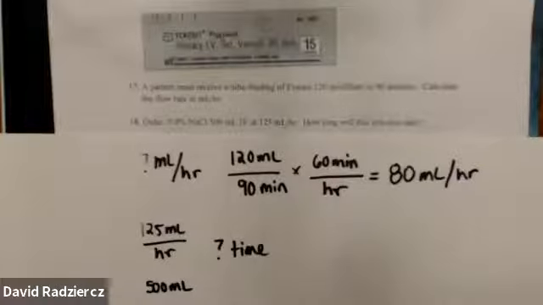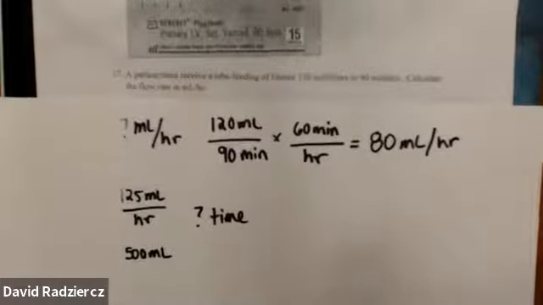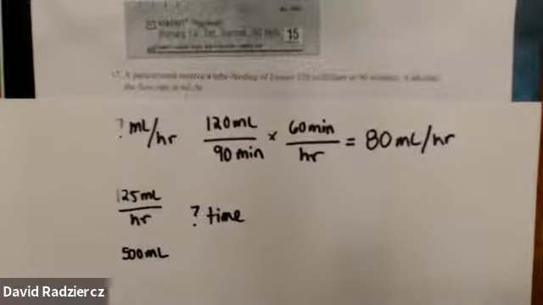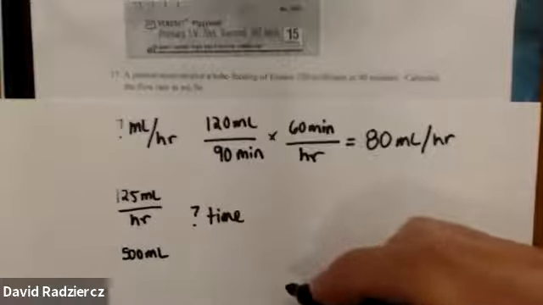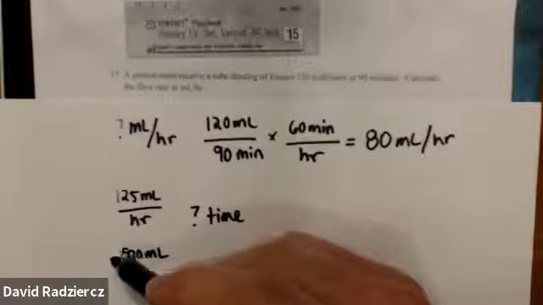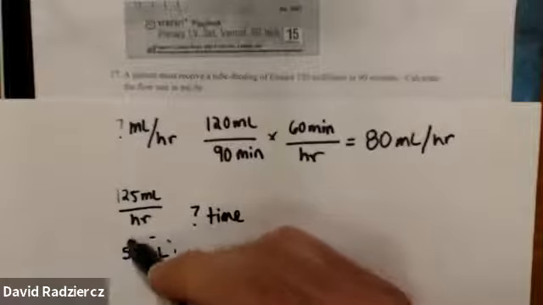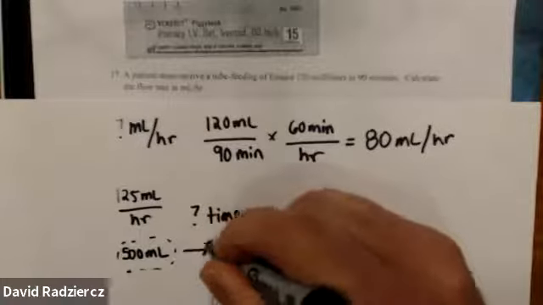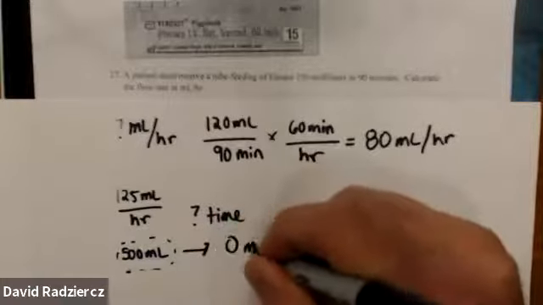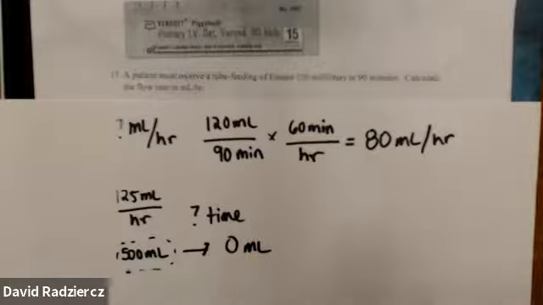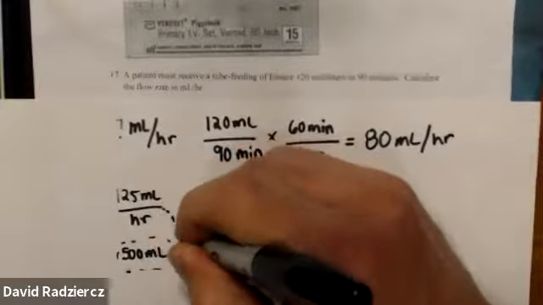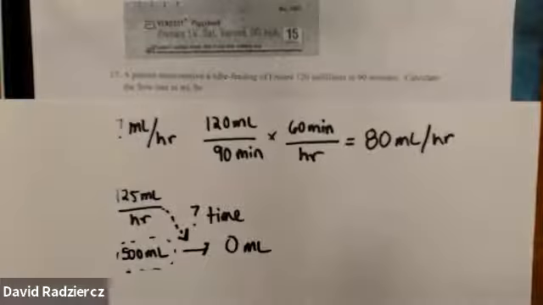So you don't have to do it the way I do it. But if you don't know what you're doing, this way might be helpful. What I'm going to do is, I know what my starting volume is. I want to know the time it takes to get that to 0 milliliters, and the rate that it's infusing is going to be there. So I just need to kind of connect these.